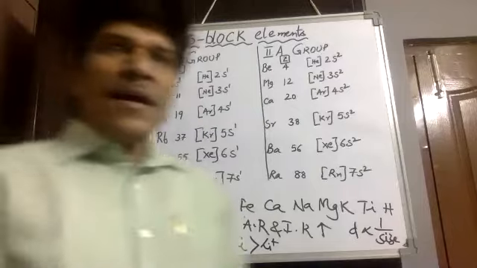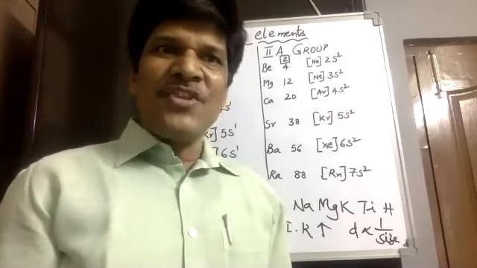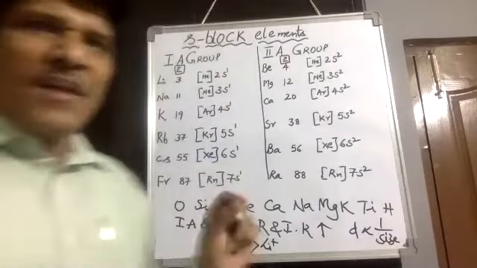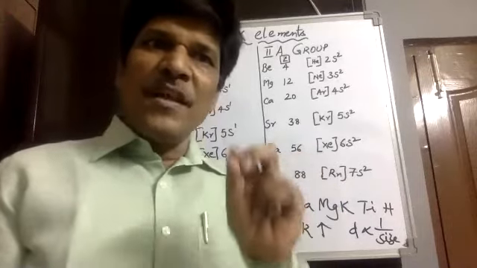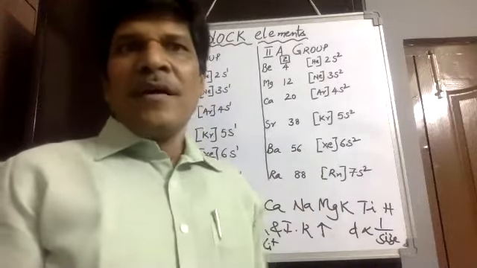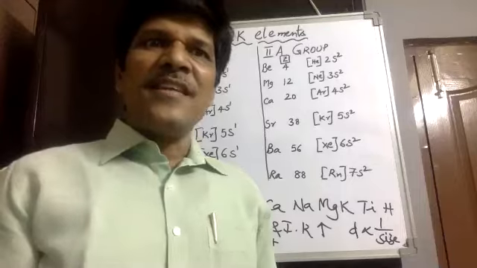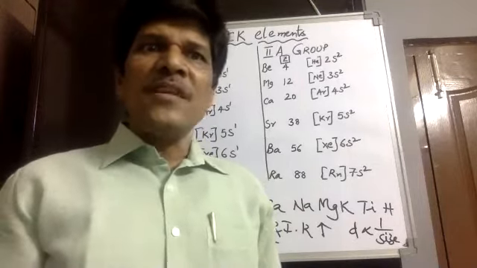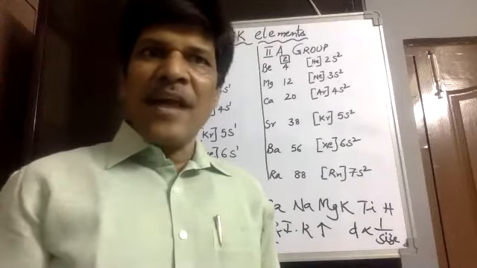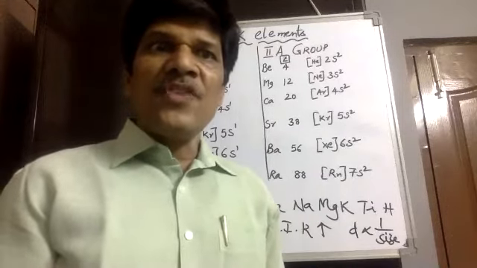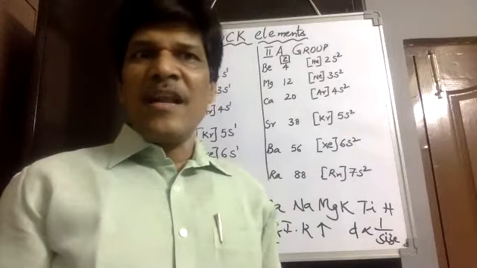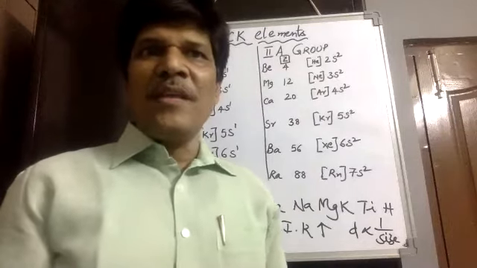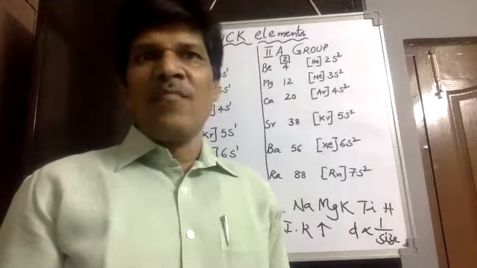Then lattice energy and hydration energy. Lattice energy is very high with increasing charge or smaller size of elements. Hydration energy also is higher for small size, and lesser for larger size. Hydration means ions surrounded with water molecules.